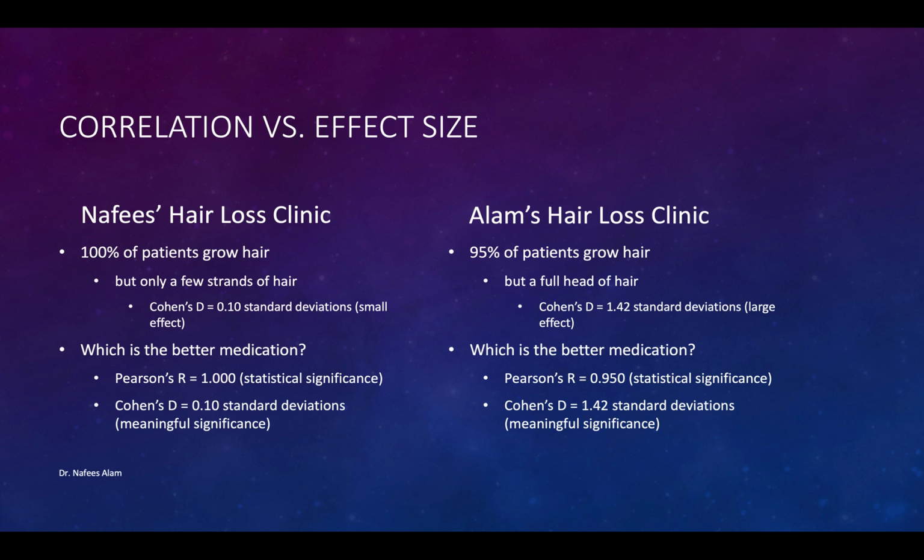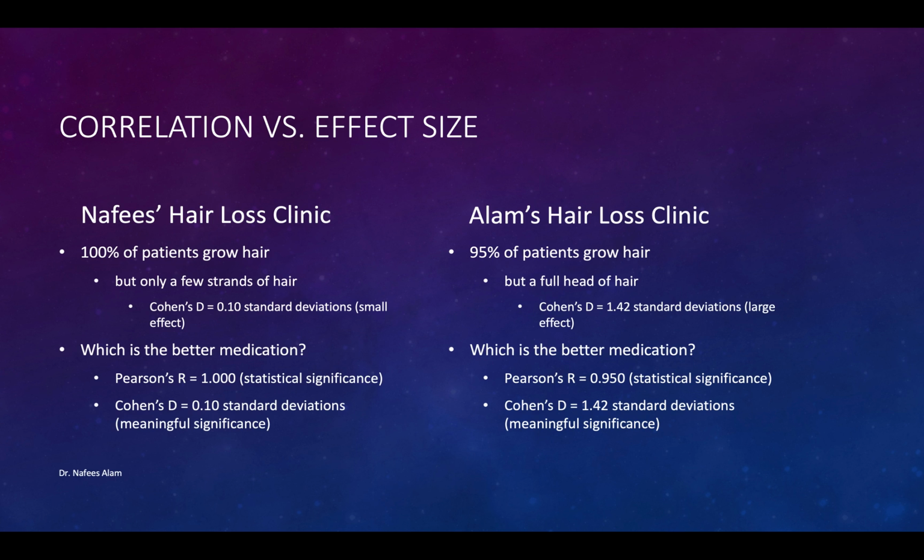So now I'm going to ask you, which is the better medication? The Pearson's R of 1.000, statistical significance, so 100% of people grow hair, but only a few strands, Cohen's d of 0.10 standard deviations. Or Alam's hair loss clinic, where the Pearson's R is 0.95, which means 95% of patients grow hair, but they grow a full head of hair, a Cohen's d of 1.42 standard deviations.